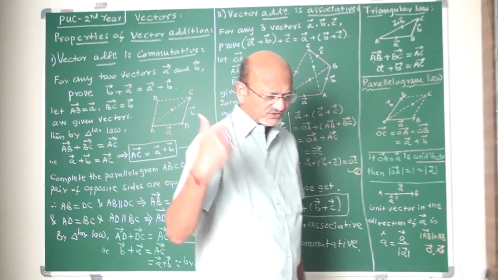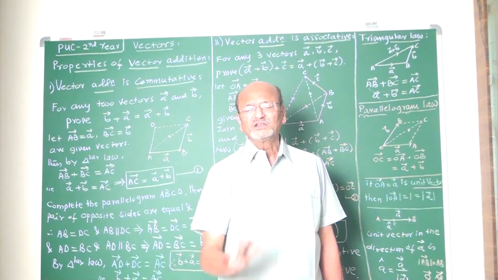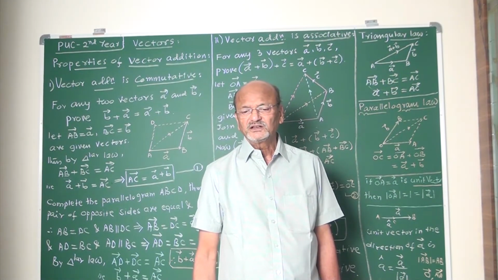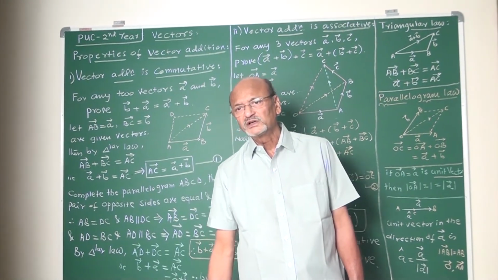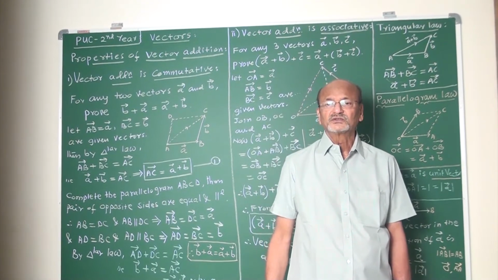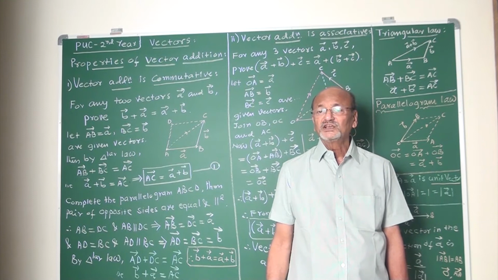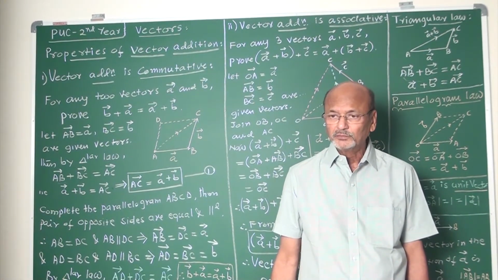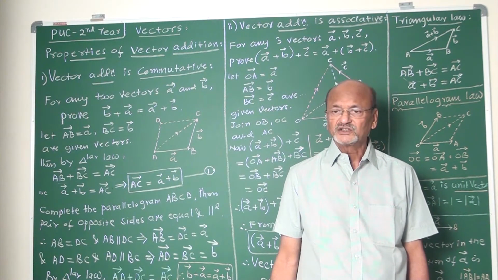Then next is what I want to do, the two properties of what? Vector addition. One, we have to show that vector addition is commutative. You know the commutative properties in case of real numbers. If A and B are two real numbers, then B plus A equal to A plus B. This is the commutative law with respect to addition.